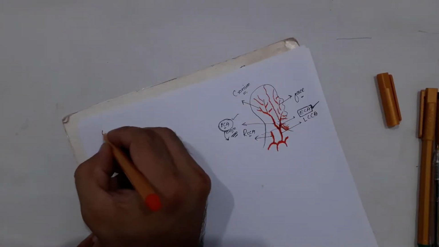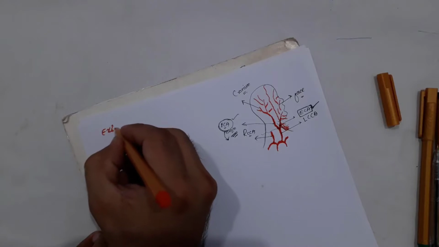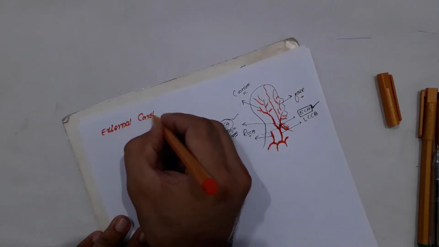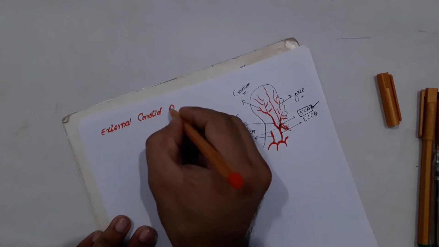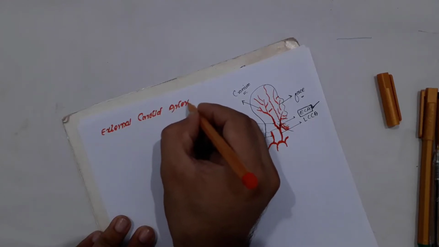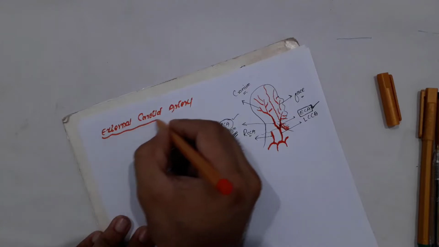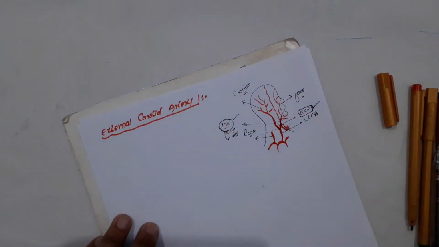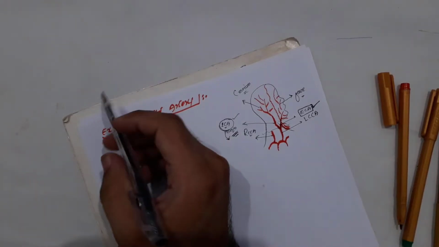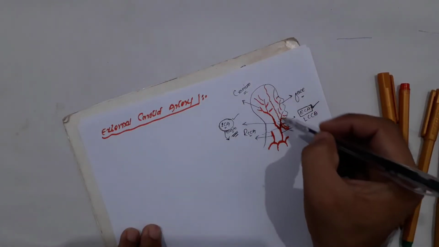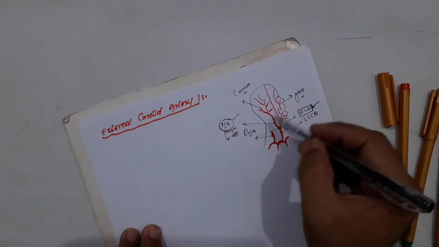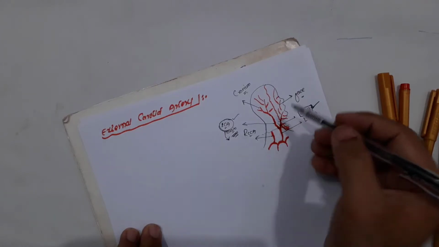So, external carotid artery. Dear friends, the external carotid artery is the chief artery which supplies blood to the face and to the organs or structures present in front of the neck, right?